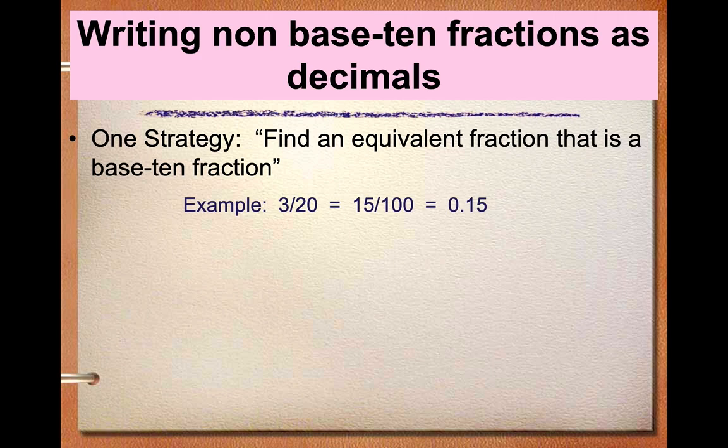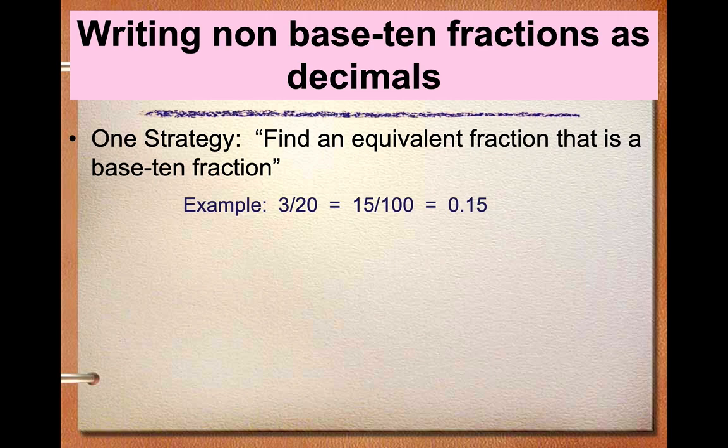One place kids often start is turning anything into a base 10 fraction when possible. Since decimals are out of tenths and hundredths, we could ask, what could we do with 3/20ths? Could we write an equivalent fraction that's out of 100 or out of 10? Sure, and in this case, if we multiply by a giant 1 of 5/5, we would get the equivalent fraction of 15 hundredths.